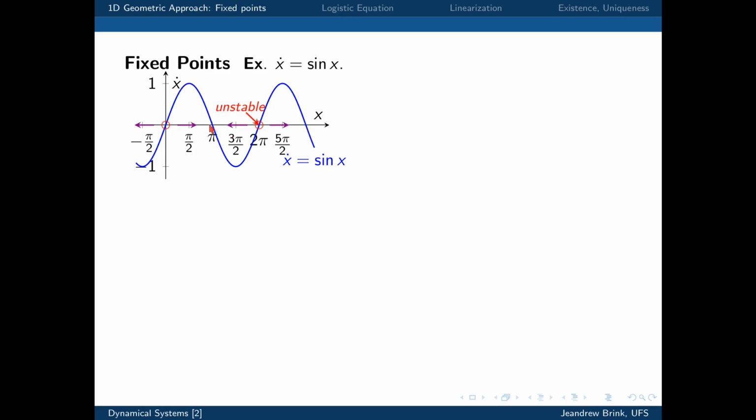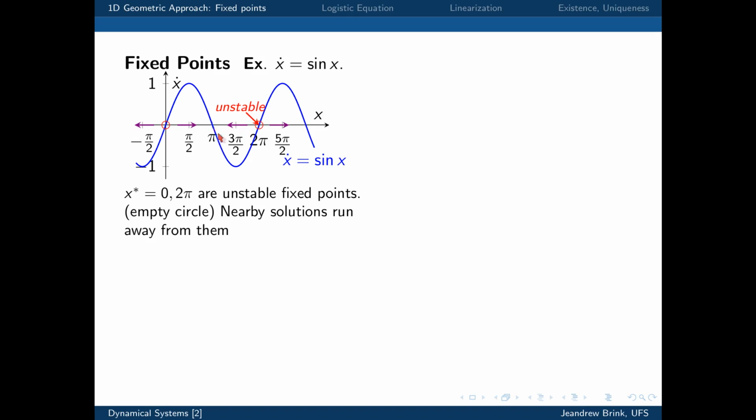Okay, this fixed point over here is basically a stable fixed point. Sorry, I'm just putting down what I've already spoken over here. So from the unstable fixed points, the solutions run away as indicated by the arrows, and it's marked with an empty circle.